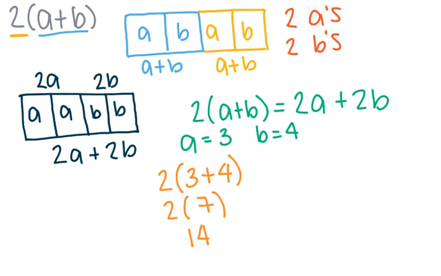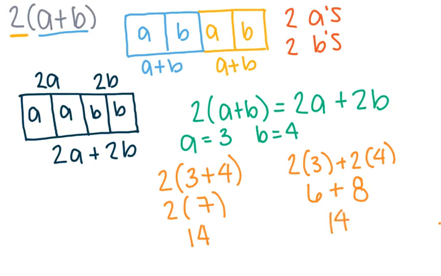Now I can do our second expression, which is 2 times 3 plus 2 times 4. 2 times 3 is 6, plus 2 times 4, which is 8. And 6 plus 8 is 14. So these are equal to each other. They're the exact same. So this means that our expressions are equivalent.